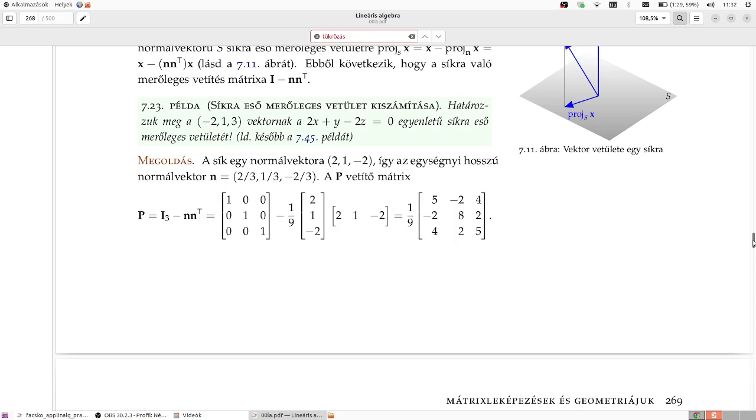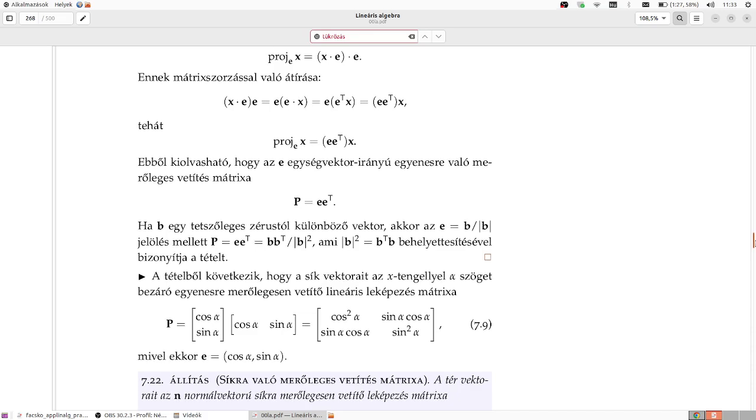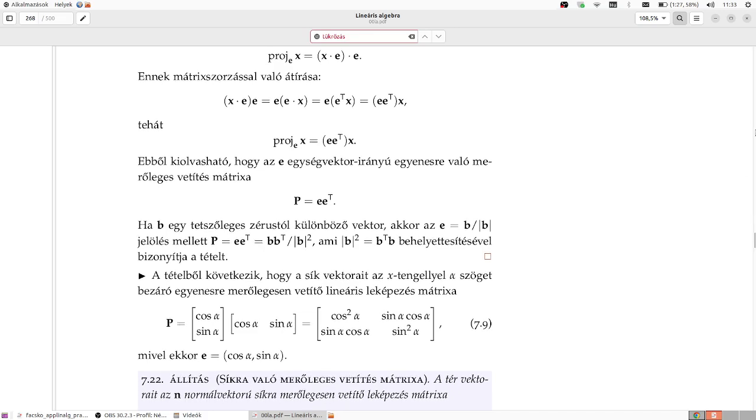The problem is that the operation, this n times n transpose, is not a scalar product. I think that's the problem. And in the formula, there is no 2n multiply n transpose. No, there is a 2 in it, but not. This is the problem.